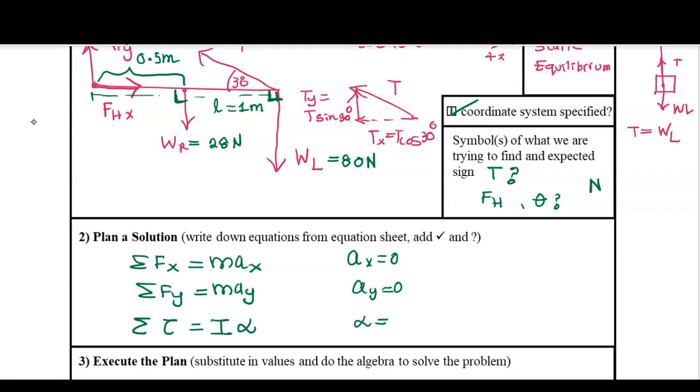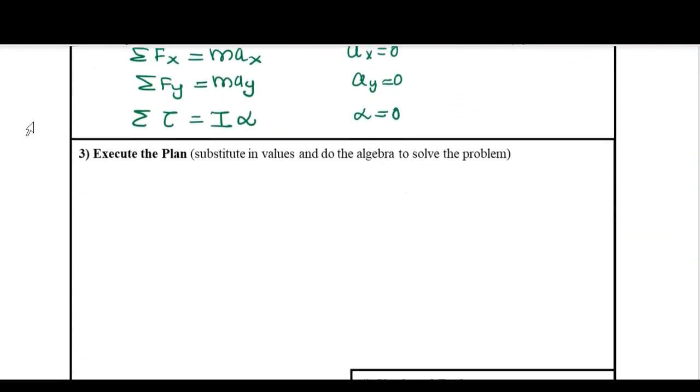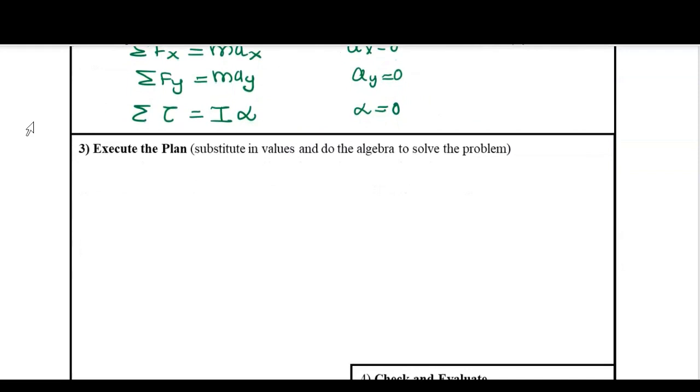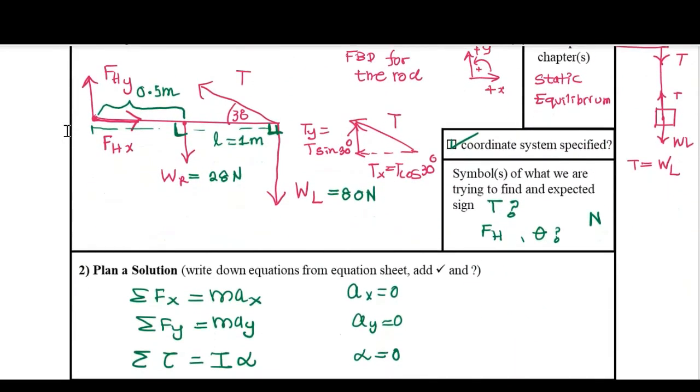Alpha is anyway 0, so you don't have to worry about the two terms I and alpha. So net torque is going to be 0 in the system because the system is at a static equilibrium, which means there's no translational motion or rotational motion.